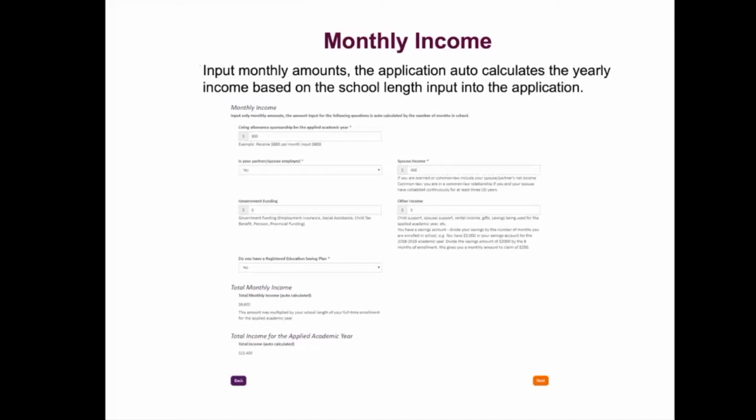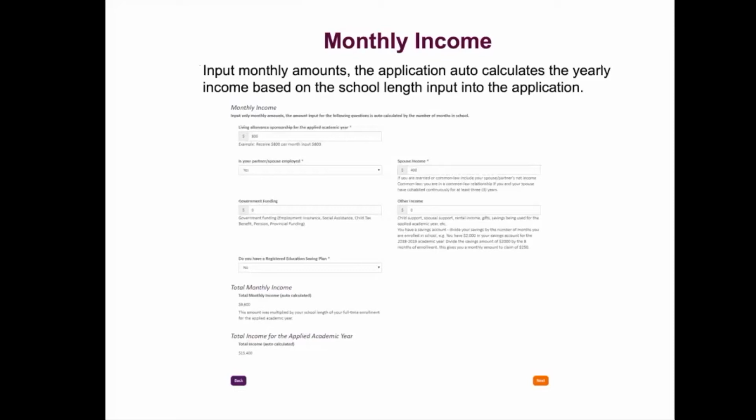If you're receiving any of that on a monthly basis, do input that amount. And then the next question is, do you have a registered education savings plan? If you do, then another box will come up and it'll ask for the amount monthly that you'd be receiving from your registered education savings plan.